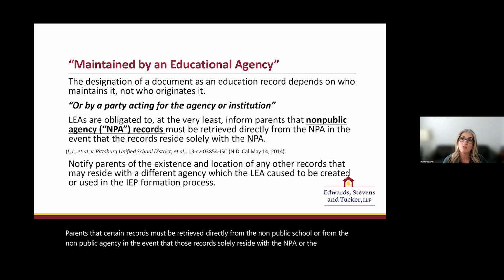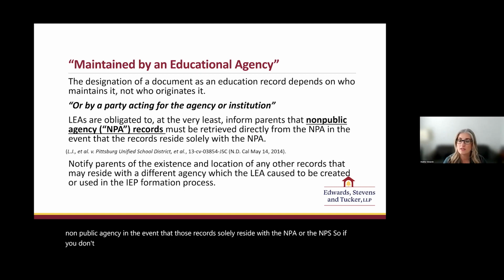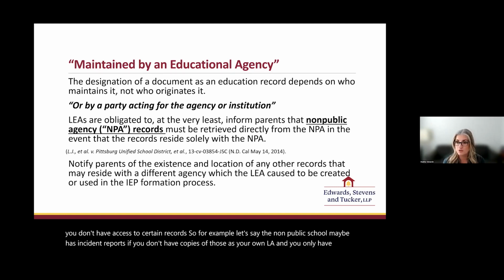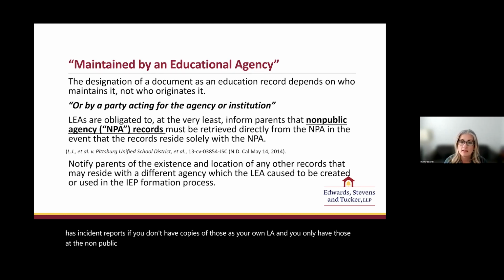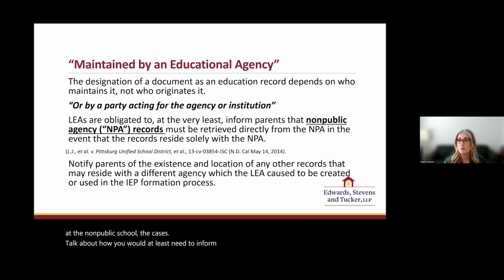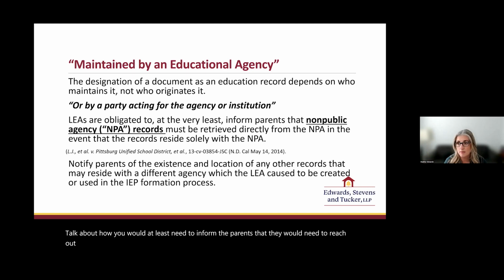So if you don't have access to certain records, so for example, let's say the non-public school maybe has incident reports. If you don't have copies of those as your own LEA and you only have those at the non-public school, the cases talk about how you would at least need to inform the parents that they would need to reach out directly to the non-public agency or non-public school in order to get a copy of those records.